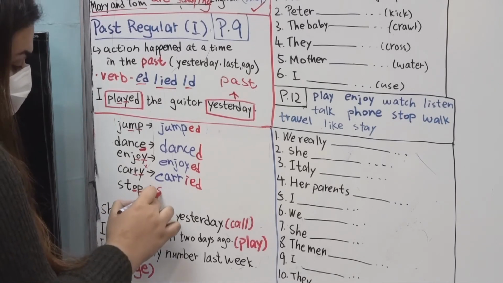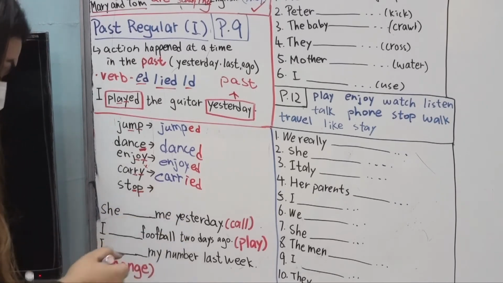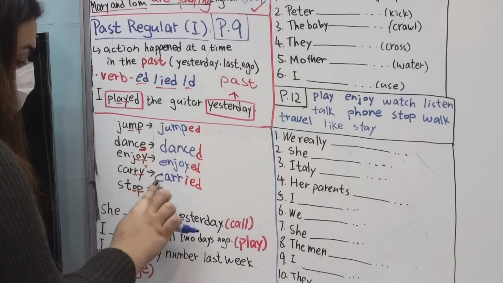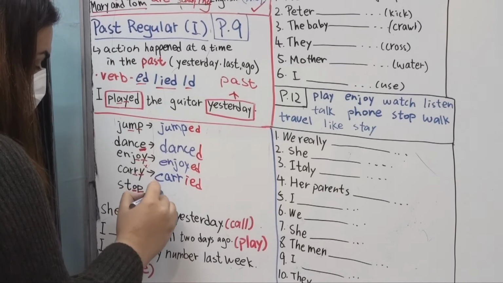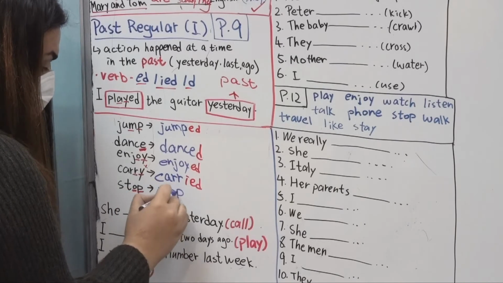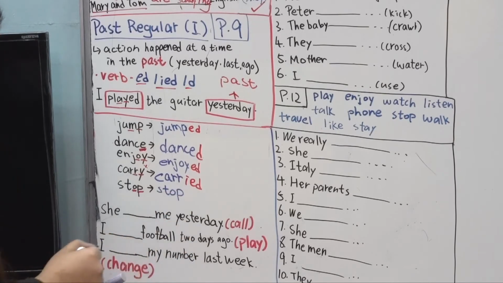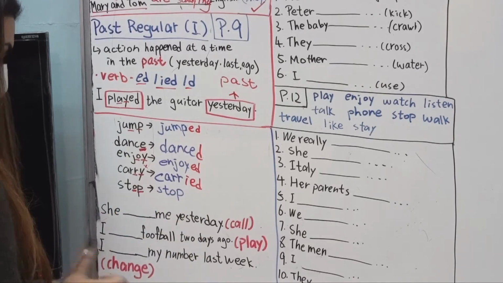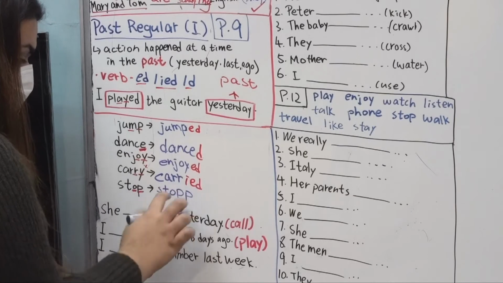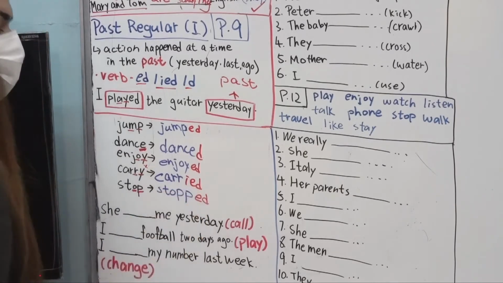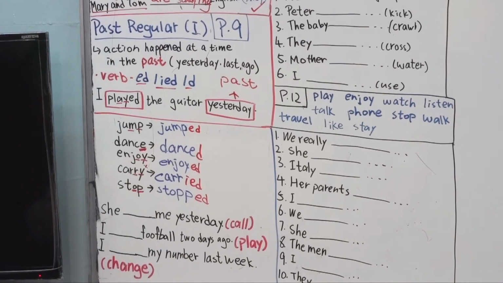We have to double the last consonant. S-T-O-P, as the last two letters end with a vowel and a consonant, so we double the consonant at the end, right? One more P, okay? P-P, E-D. All right?